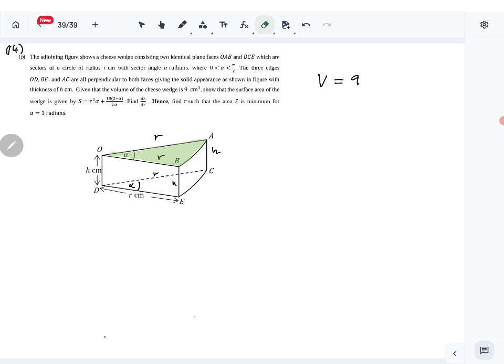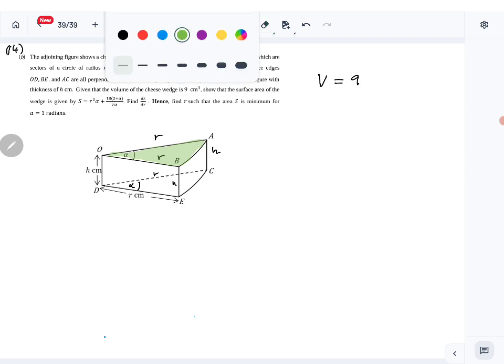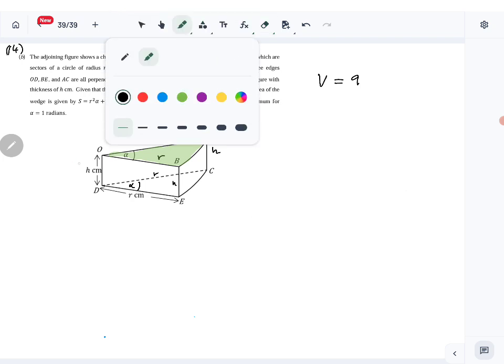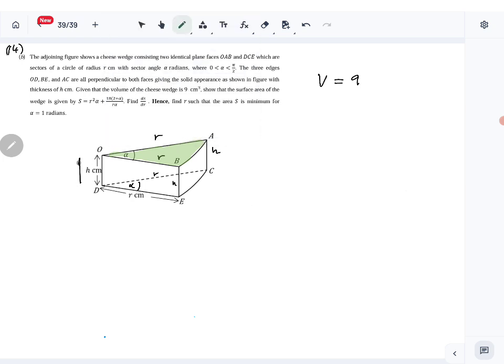Then that into height is the volume. So cross section area is half r squared into the angle, which is alpha, times height h. So that is going to be equal to 9. So then r squared alpha h is equal to 18.